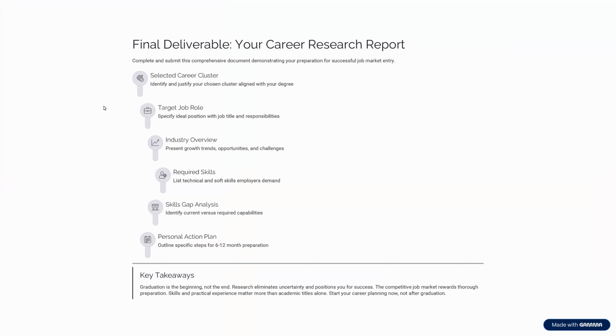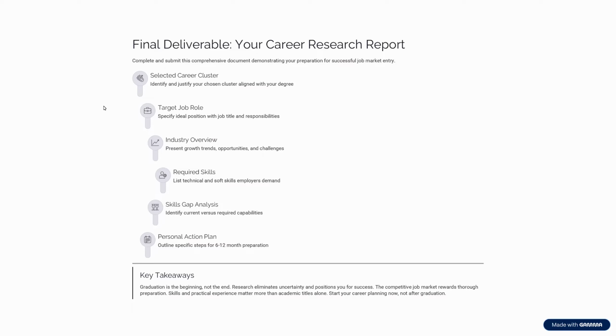Now, what is on this slide is a summary of what we have discussed today and a summary of the assignment that I've given you, your career research report. So you're going to select career clusters, identify and justify your chosen career cluster aligned with the degree you're doing right now.